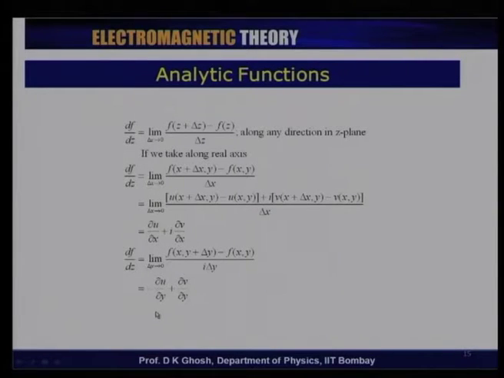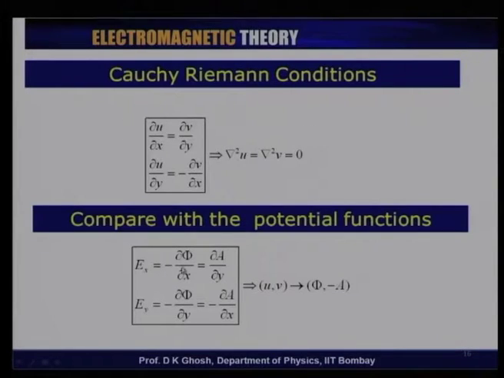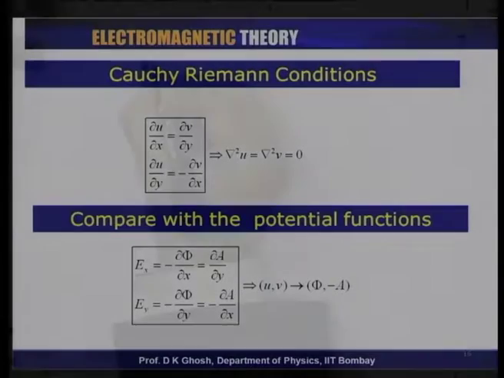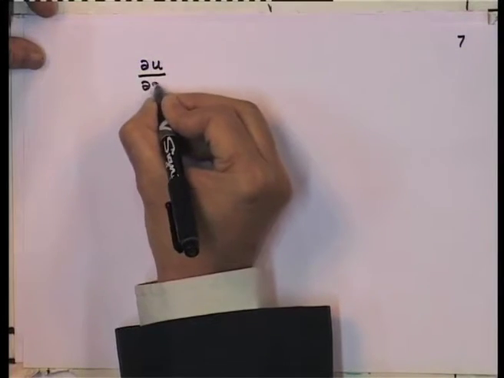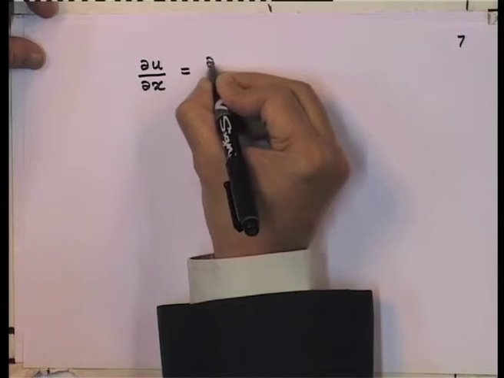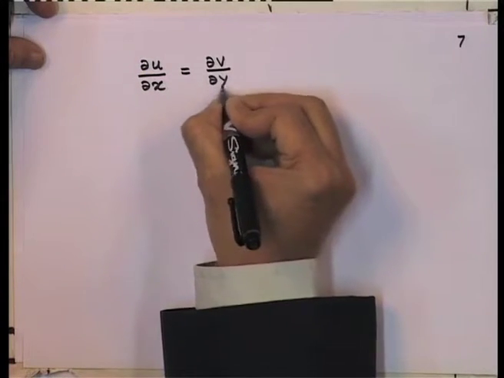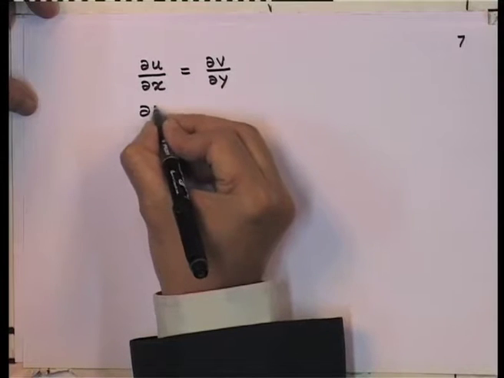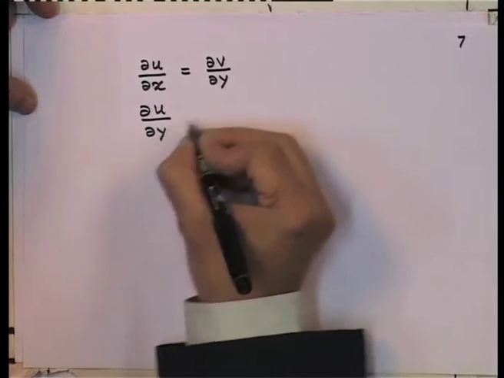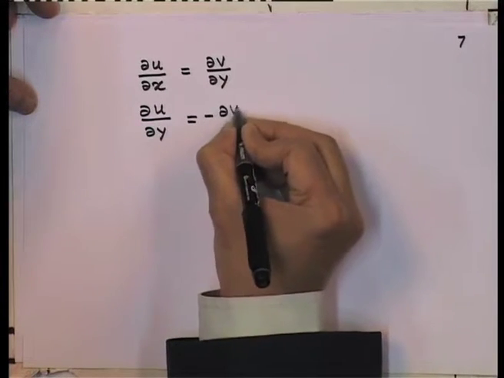Now, notice that these two definitions must be the same. So, if you want to equate these two definitions, because the derivative is unique, if I equate the real part, I get du by dx is equal to dv by dy, and du by dy is equal to minus dv by dx.